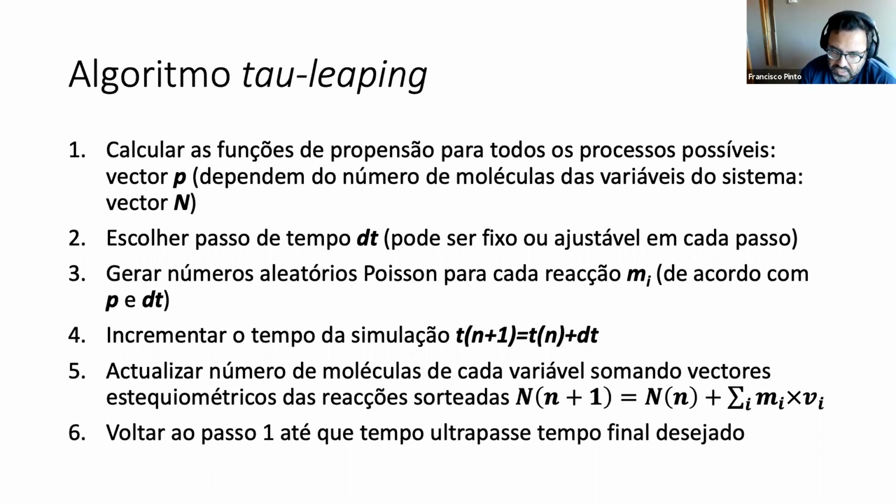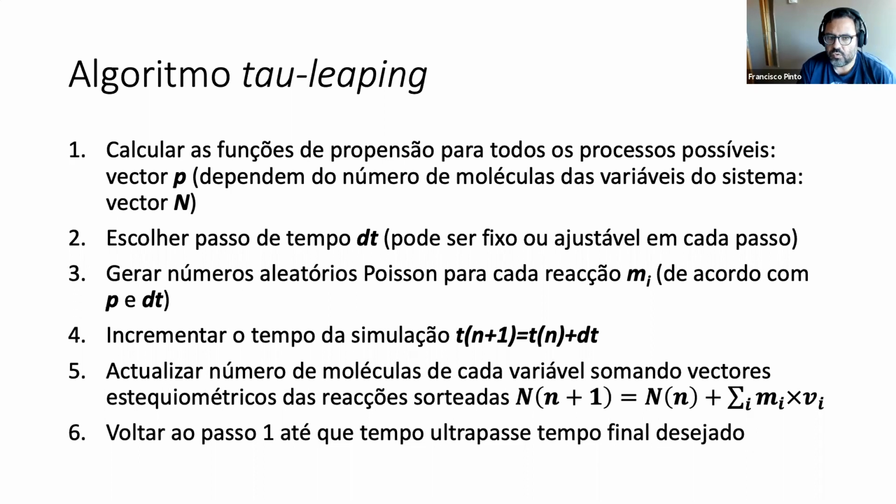And with their propensities, instead of using an exponential distribution to compute the time to the next event, you generate numbers from Poisson distributions. So for each process, you compute how many events of that process will occur in the next time step. And you can do that for all the processes.